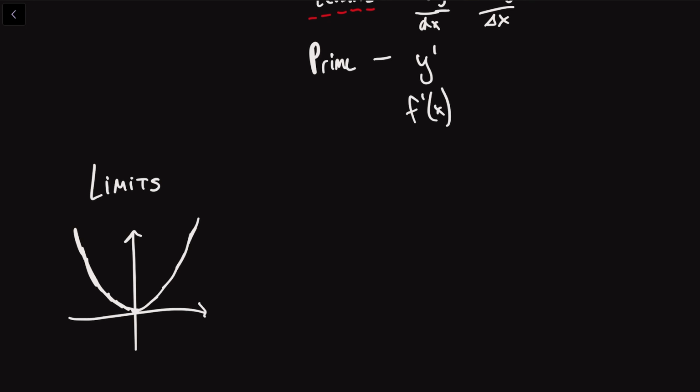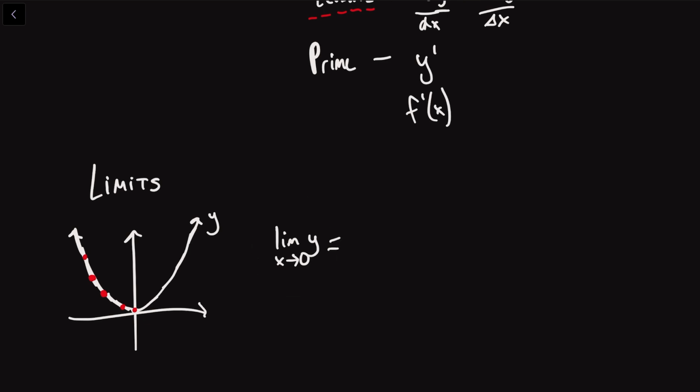Okay, so let's say we wanted the limit of this function y. So the limit of y as x approaches, let's say, 0. As x gets closer to 0, what is the y value? That's basically what this limit is asking us.